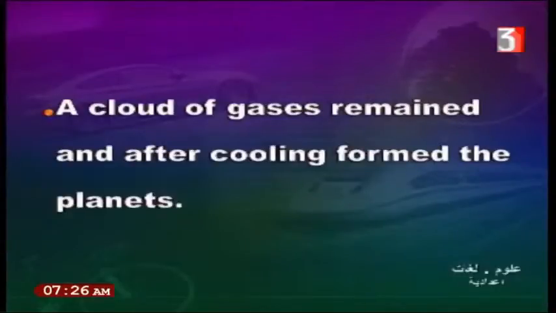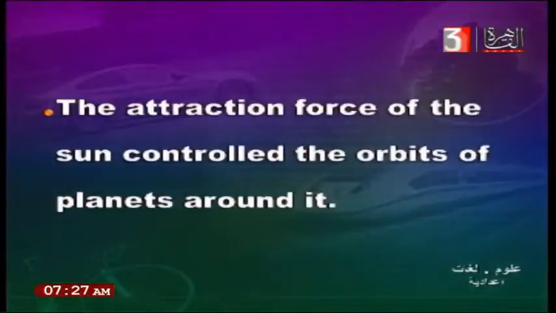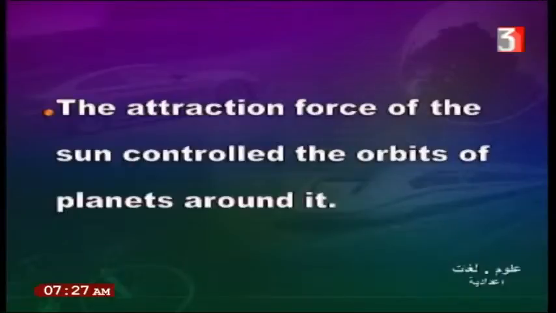This is the explanation of Fred Hoyle about the formation of planets of the solar system. And the attraction force of the sun controlled the orbits of planets around it. So here, the origin of planets in this theory is the star that was rotating near the sun.